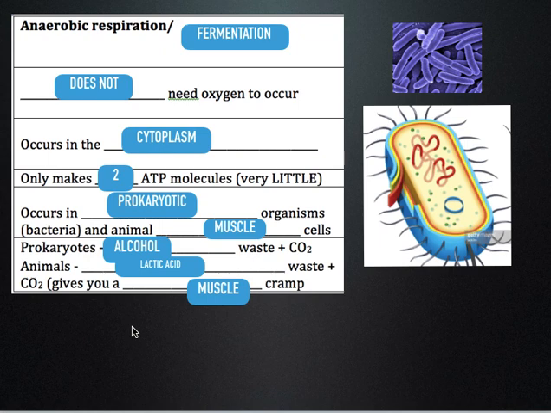So what makes different kinds of alcohols depends on what you put in there, but you always have to put the bacteria in.